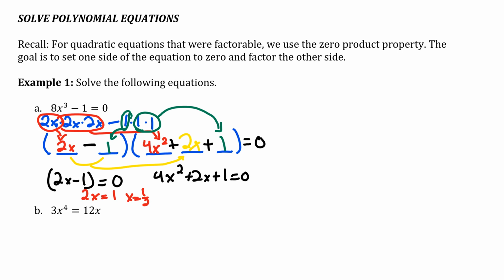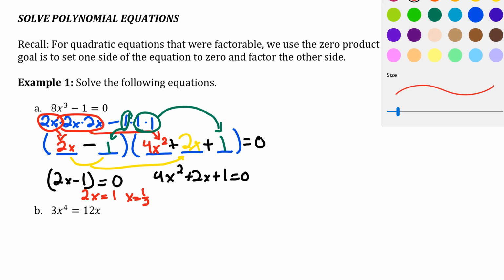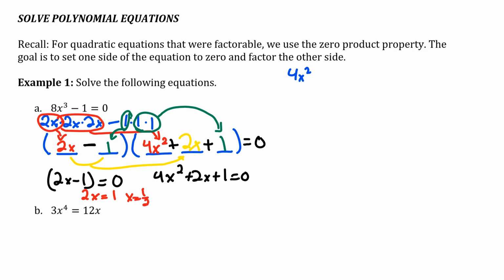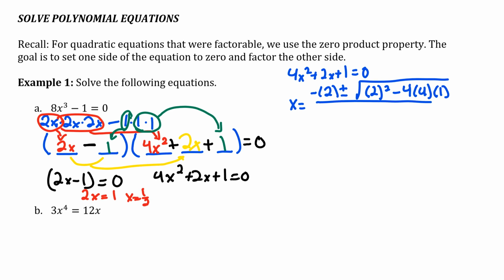So this particular one does not factor, so we have a 4x squared plus 2x plus 1 equal to 0. So what we're going to do is use that quadratic formula to solve this. So we're going to have x is equal to negative b plus or minus the square root of b squared minus 4 times a times c, all over 2 times a.